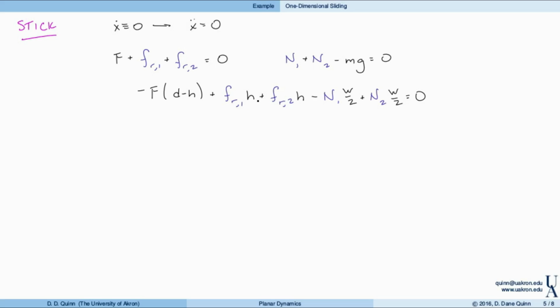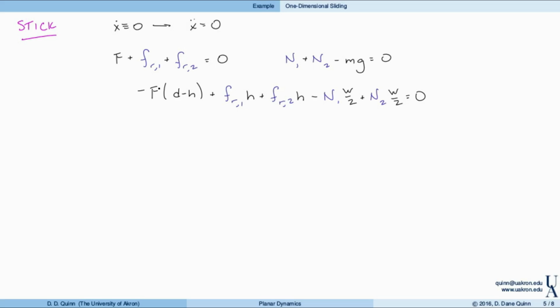So even though we can't solve for all 4 of the unknowns uniquely, we can solve for N1, N2, and then the total frictional force, which is Fr1 plus Fr2. This is actually an indeterminate problem, but again, we can solve for the sum of these two things.